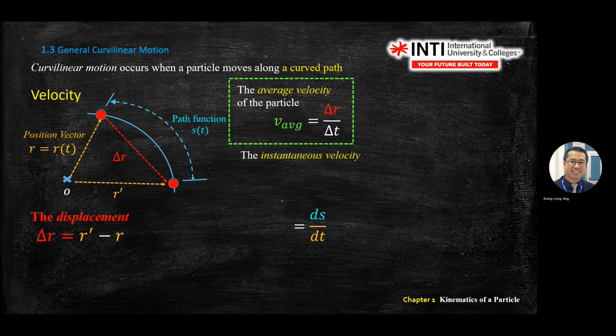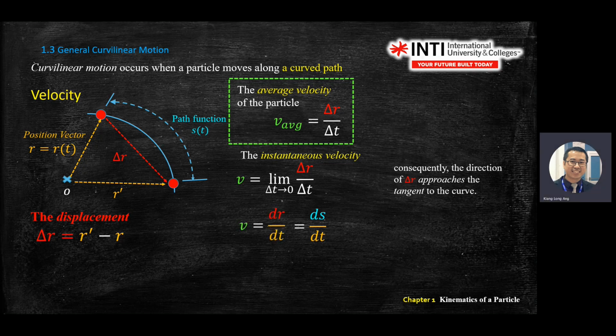So you change from average velocity into instantaneous, and the delta changes to d over dt. Sorry, it should be dr dt.